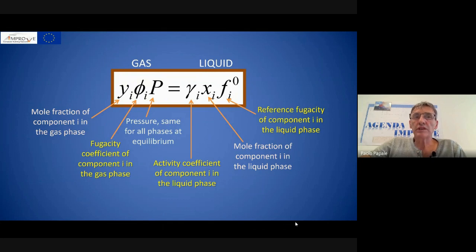For the component in the gas phase, we must express its fugacity coefficient phi. And for the component in the liquid phase, we must express its activity coefficient gamma and its reference fugacity f0. How to describe those terms is largely a matter of modeling, although still robustly attached to theoretical relationships.